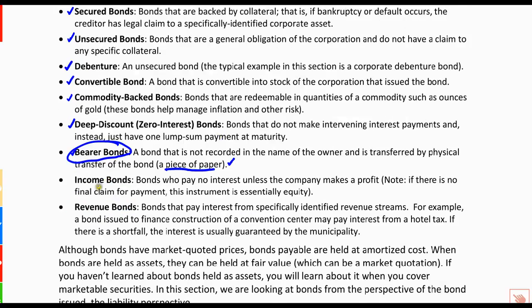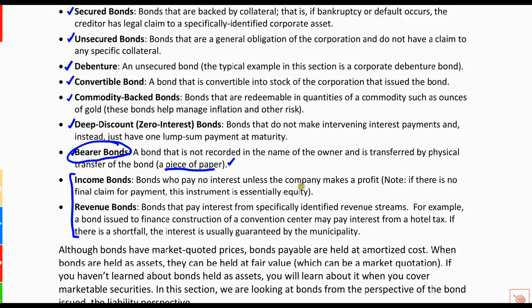Income and revenue bonds. Now these two are the kind of bond that you're likely to run into if you work for local, regional, or state government.